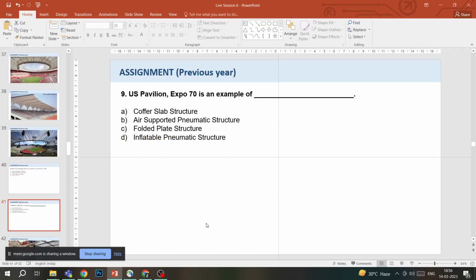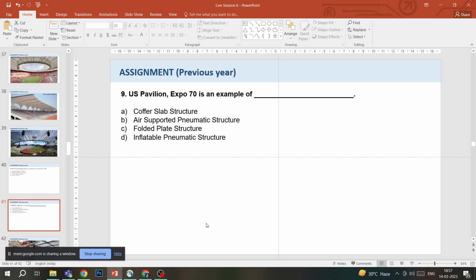Then moving to question 9. US Pavilion Expo 70 is an example of coffer slab structure, air supported pneumatic structure, folded plate structure, and inflatable pneumatic structure. In this case, two of the options given are actually two types of pneumatic structures.